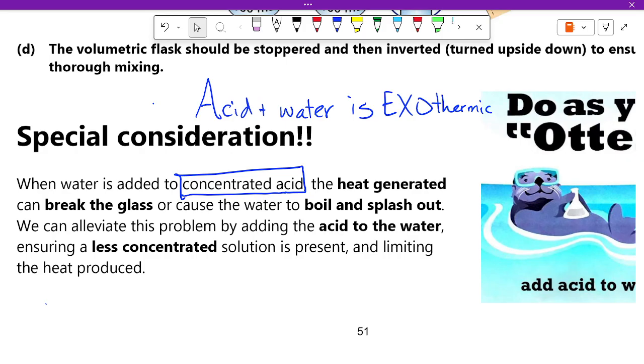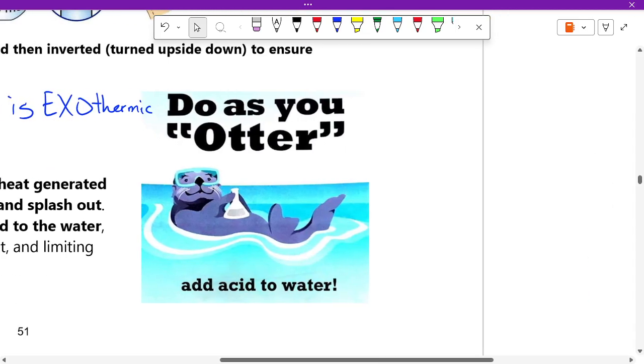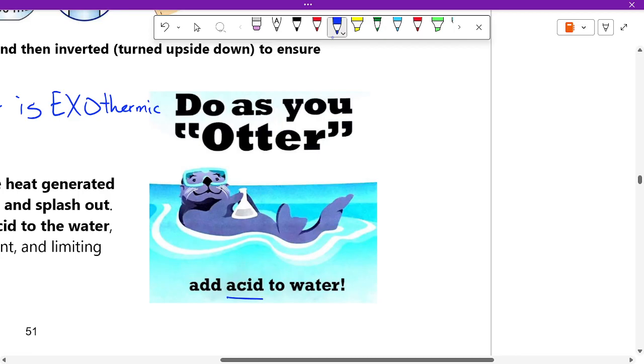But we can alleviate this problem by, instead of adding water to acid, adding the acid to the water, which dilutes it. It means you start out with a more diluted solution. Okay? So do as you order, add acid to water.